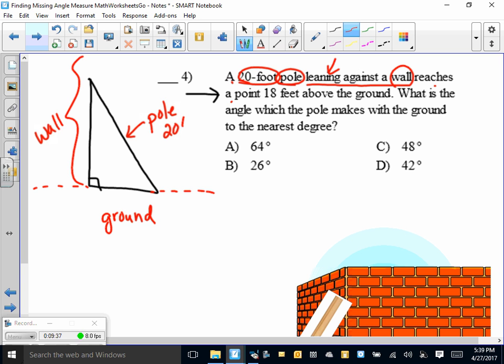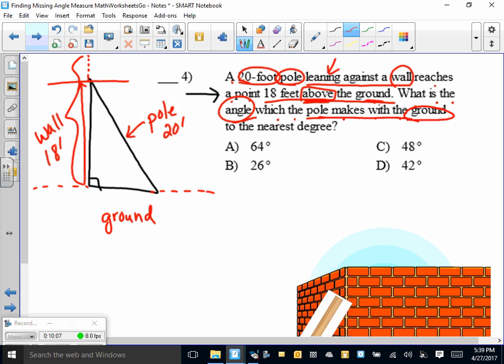Reaches a point 18 feet above the ground. Okay, here's the ground. So if I go up above the ground till I get to the point where the pole touches on the wall, then I know that is 18 feet. What is the angle which the pole makes with the ground? Okay?